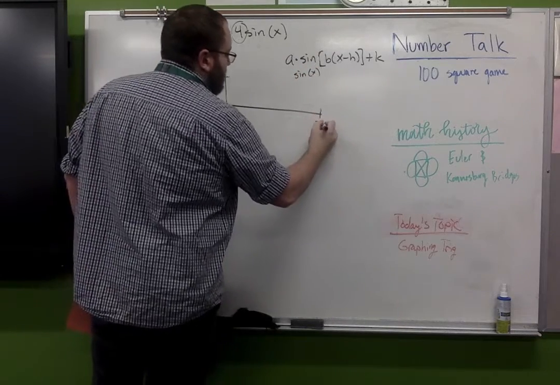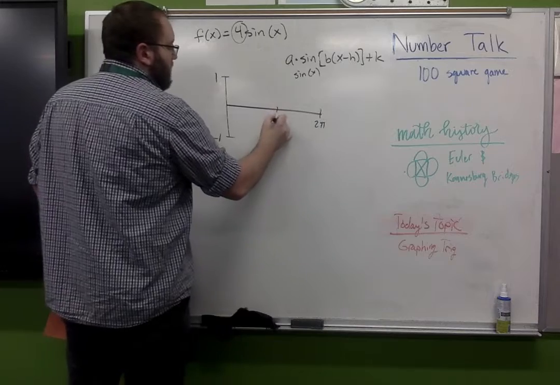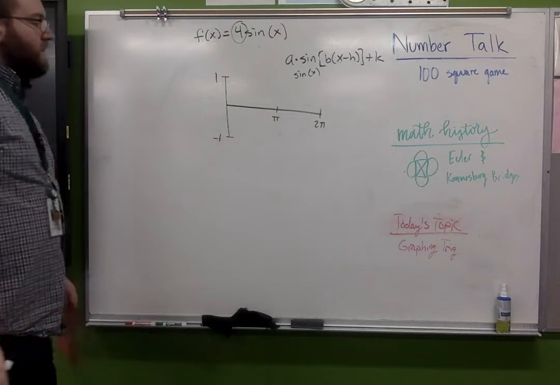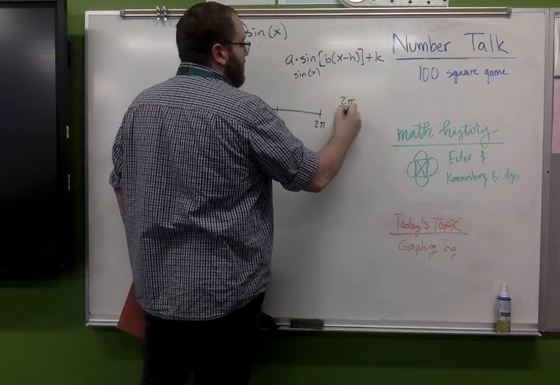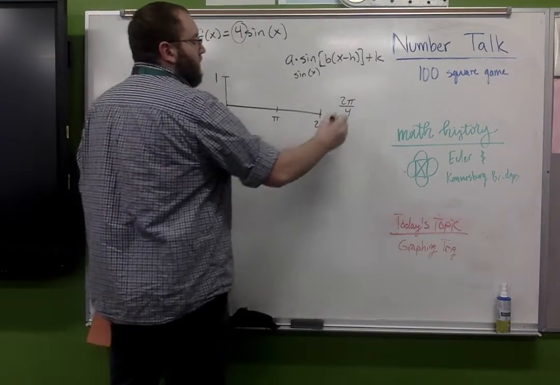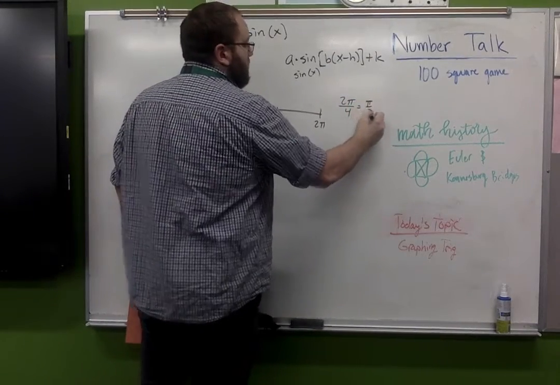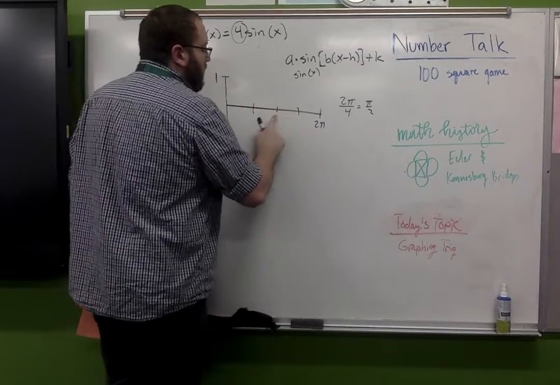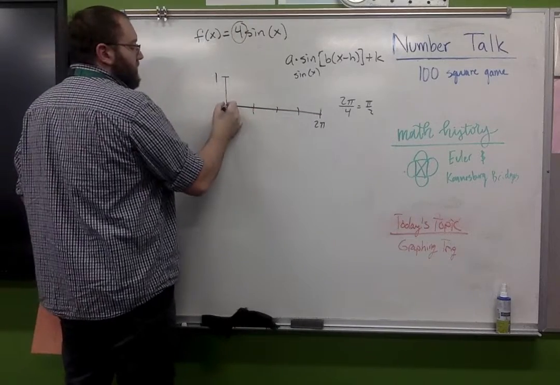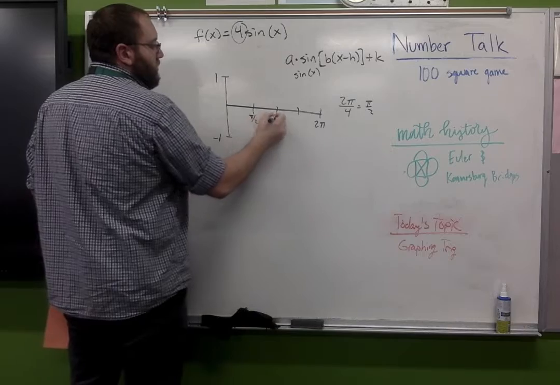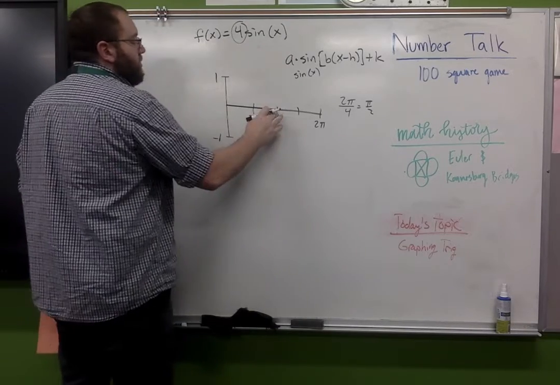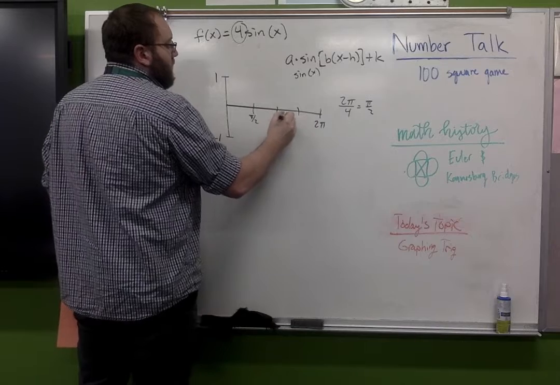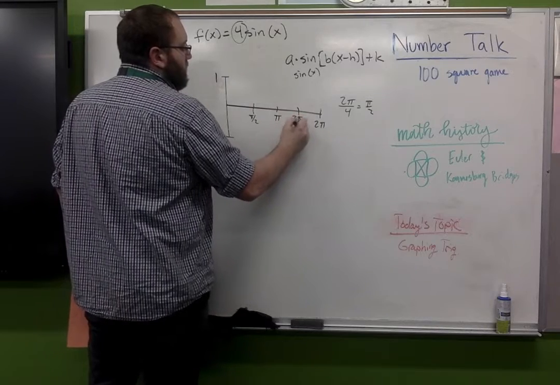So our period is 2 pi, right? We've already established that. Like I said, you take the period, you cut it into fourths, and that's all you need to graph. So if I take 2 pi, cut it into fourths, it's pi over 2. So I'm going to go in increments of pi over 2. I start at 0, pi over 2, 2 pi over 2, which is just pi, 3 pi over 2.